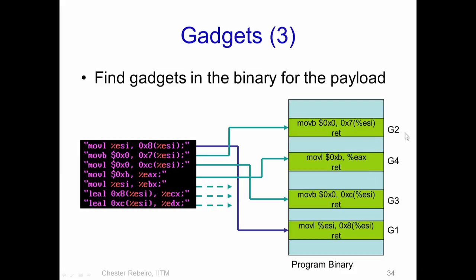These gadget addresses are organized in such a way that when the first valid return address is expected, instead the address of gadget 1 is found, and as a result the instruction corresponding to gadget 1 is executed, and then there is a return, and the stack is arranged in such a way that gadget 2 will then execute, then gadget 3, gadget 4 and so on.